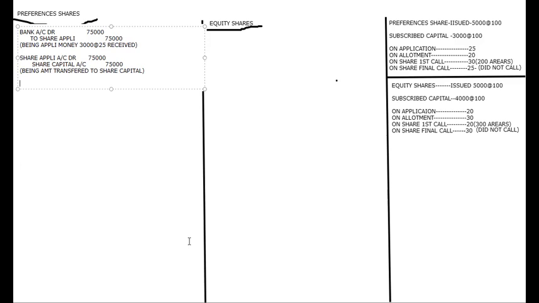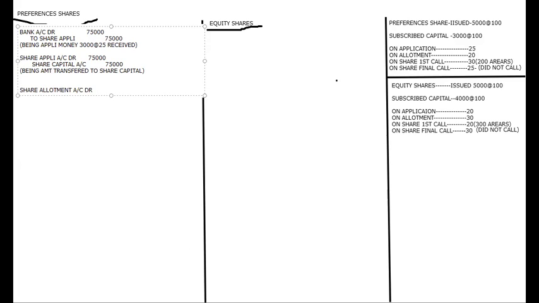Now application is completed. Now we'll go with allotment. From now onwards, I said we are going to have the due entry first, then we will write the received entry. So that's what I'm writing here. First the due entry: allotment account debit.